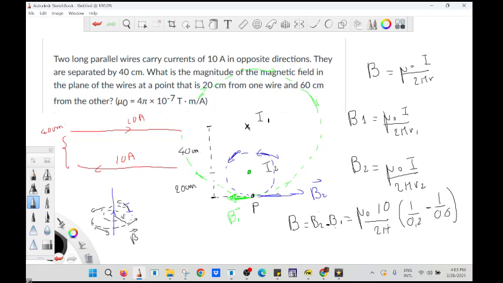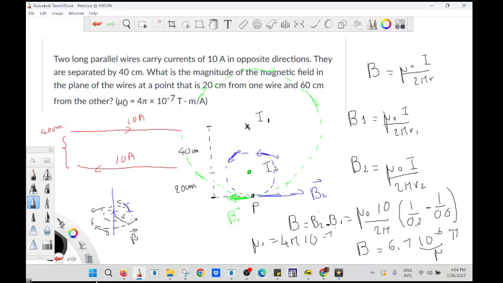Okay, so you plug it in and you can simplify. Yes, you can simplify here because mu0 is 4 pi times 10 to the negative 7. And if you plug it in, the magnitude will be 6.7 times 10 to the negative 6 Tesla, which is micro.